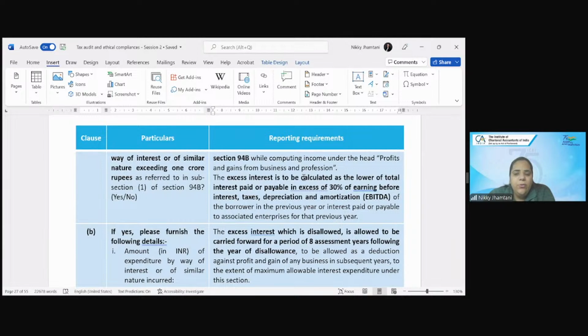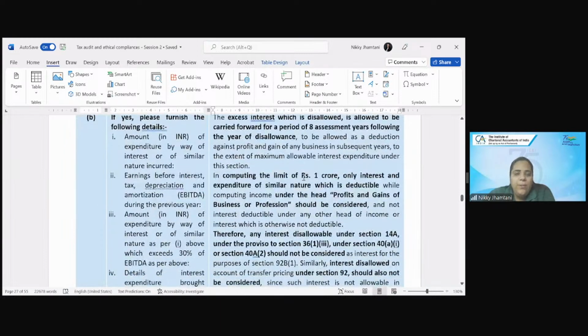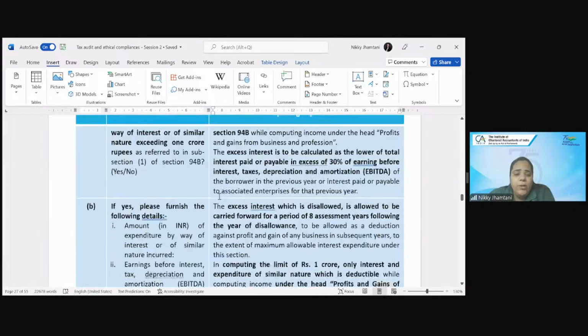The excess interest is to be calculated as the lower of total interest paid or payable in excess of 30% of earnings before interest, tax, depreciation, and amortization, that is EBITDA, of the borrower in the previous year, or interest paid or payable to the associated enterprises for that previous year. Now, if yes, please furnish the following details. So, if such interest exceeds 1 crore, then the following details are to be furnished.